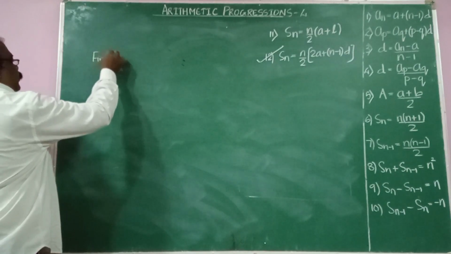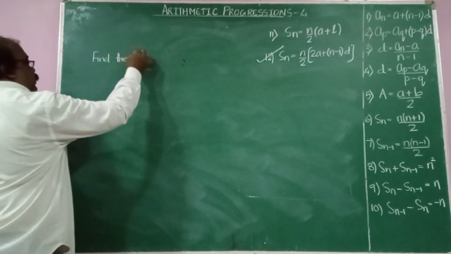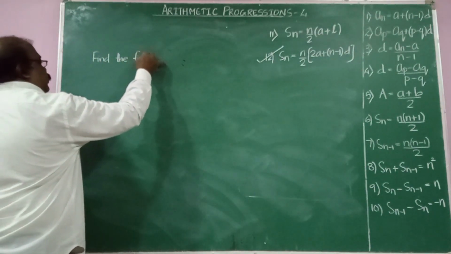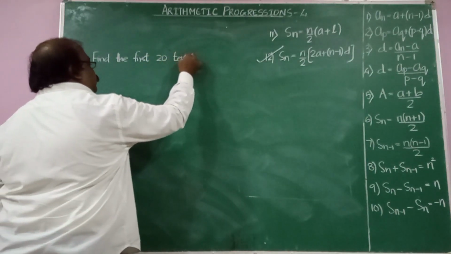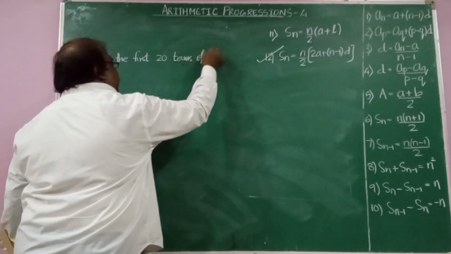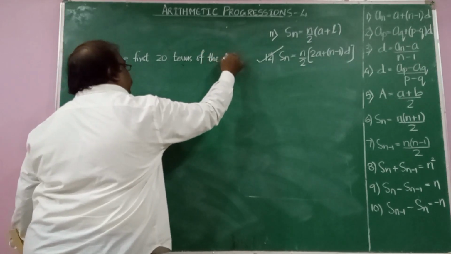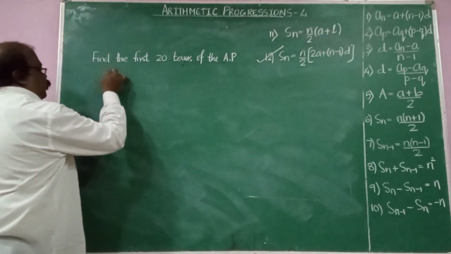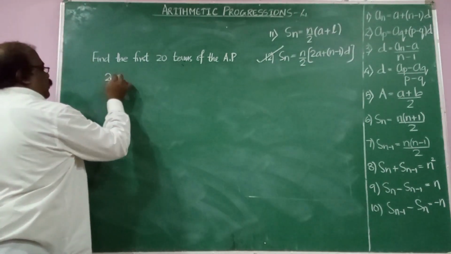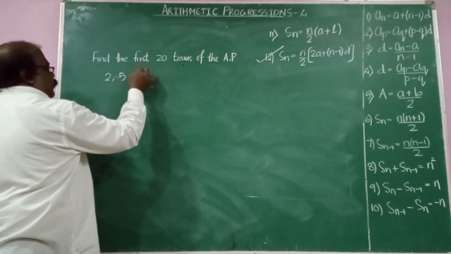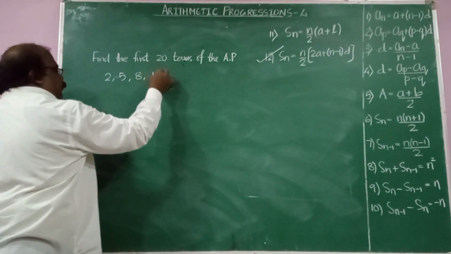Find, very important question, the first 20 terms of the arithmetic progression 2, 5, 8.